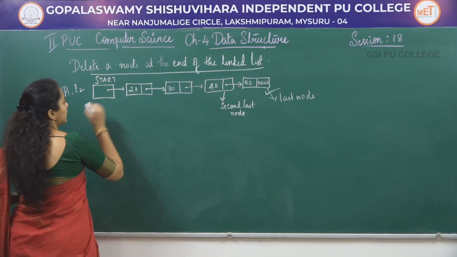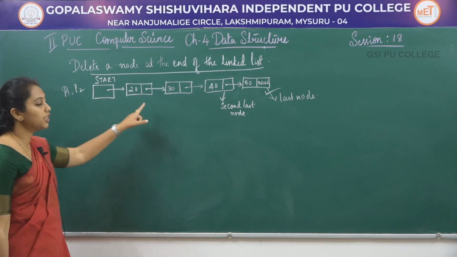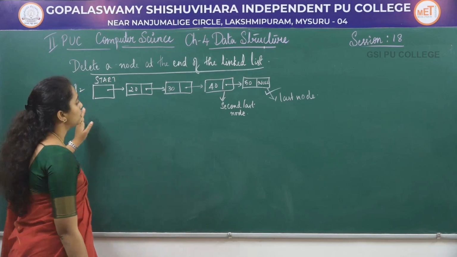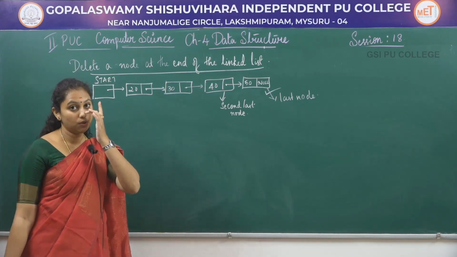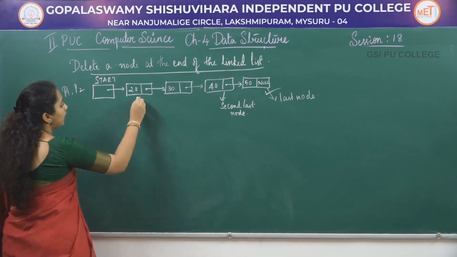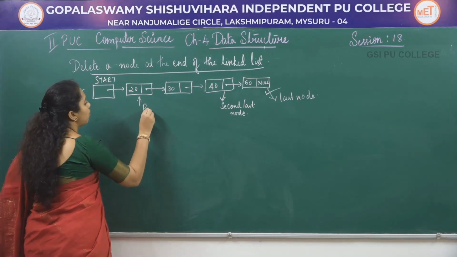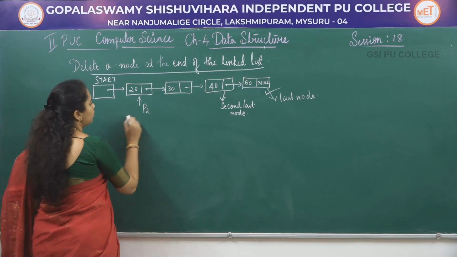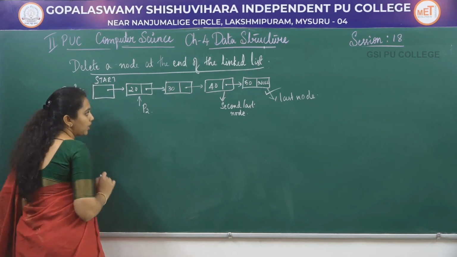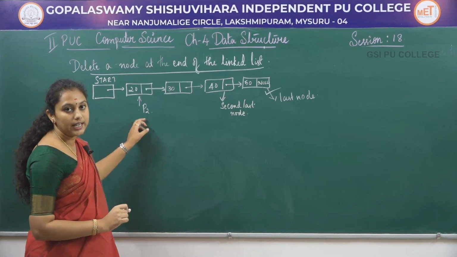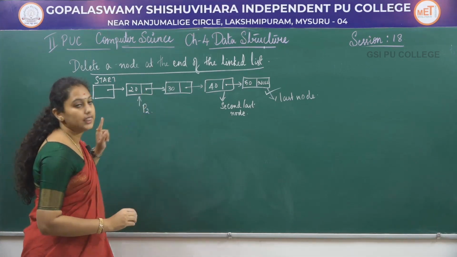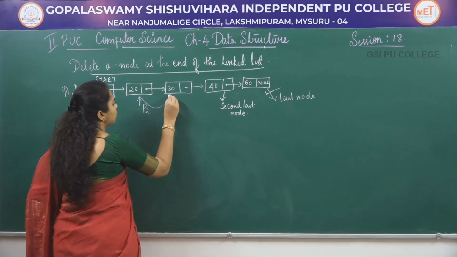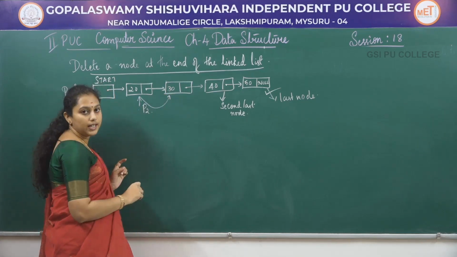So now first the start contains the address of the first node. We are going to traverse from the first node of the linked list. I am going to use the pointer called P2 for traversal. First I am going to traverse the first node. This node does not contain null in the link field. Then I am going to traverse the second node.